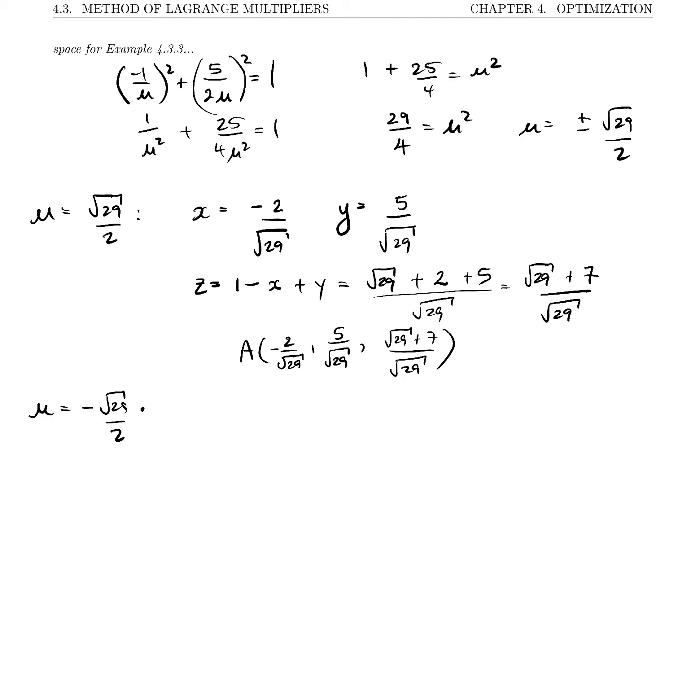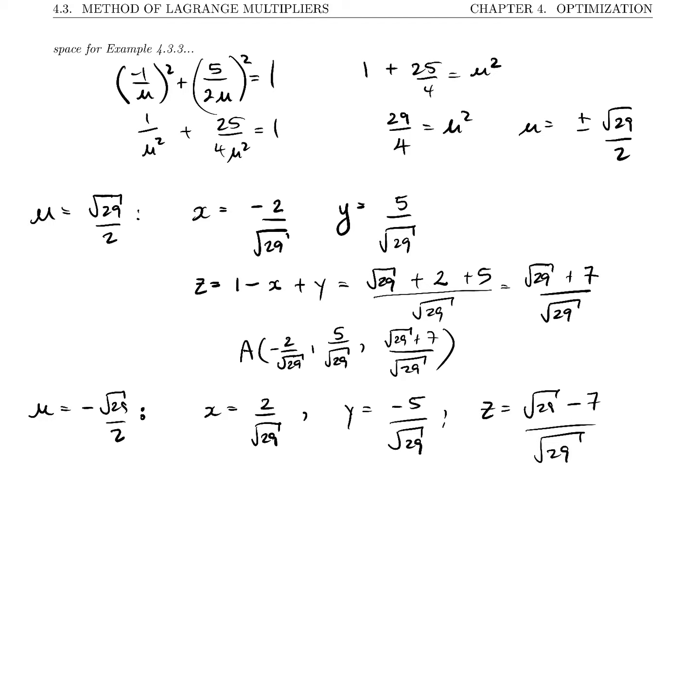And if we plug these into the same expressions for x and y and z, we're going to get that x is just the negative of what we had before, so 2 over root 29. y is also the negative of what we had before, minus 5 over root 29. And if we solve for z and plug in x and y as these values, we are going to have the root 29, but the signs here will switch. And so we'll have z is root 29 minus 7 over root 29.